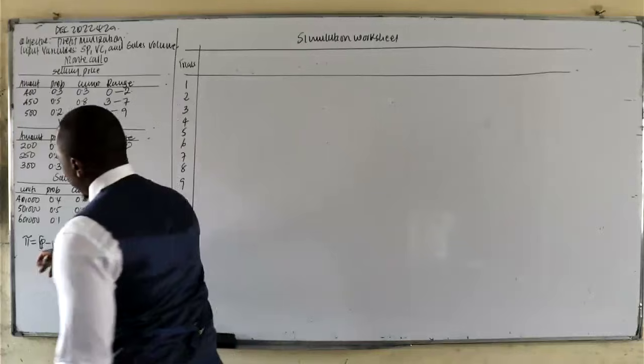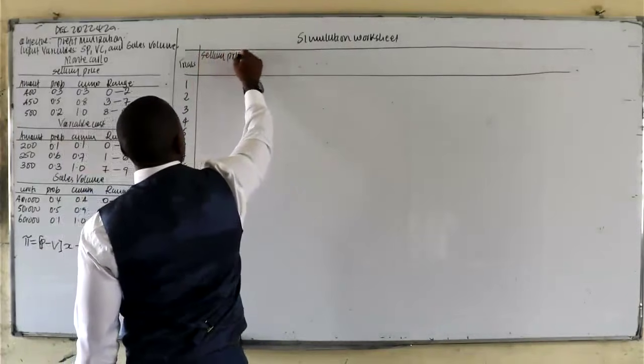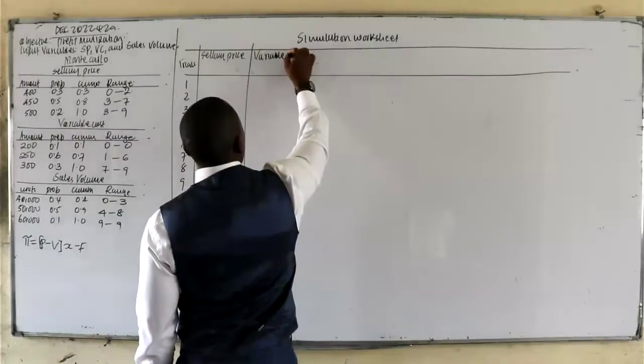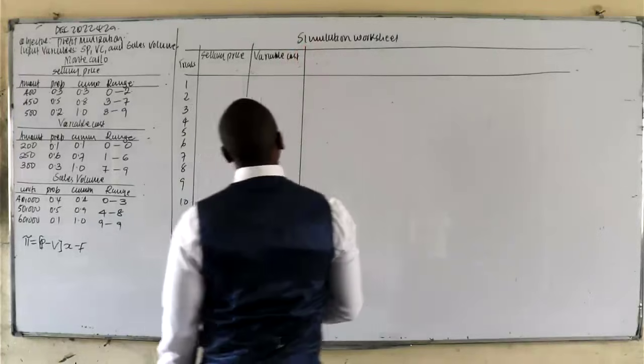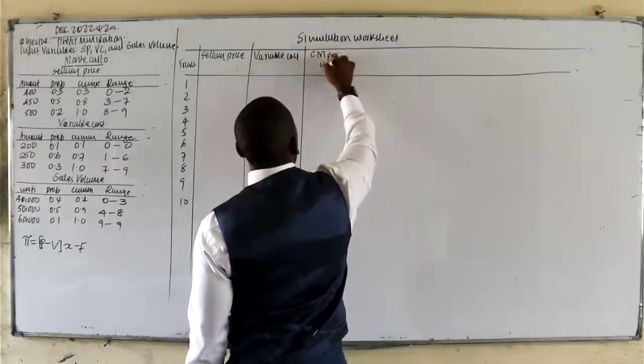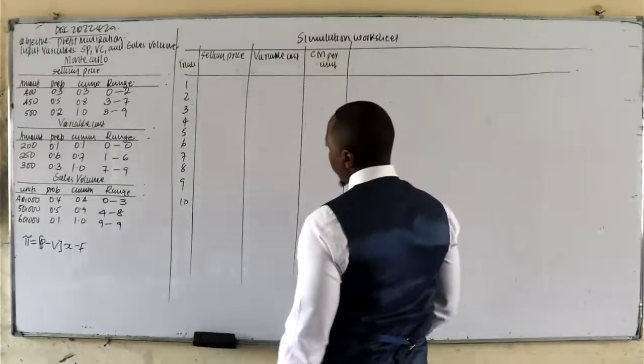You take the selling price, there's the variable cost, and if you take the selling price minus variable cost, you get the contribution margin per unit. Once you get the contribution margin per unit, you multiply by the number of units.